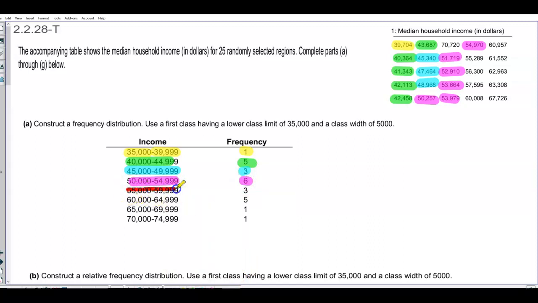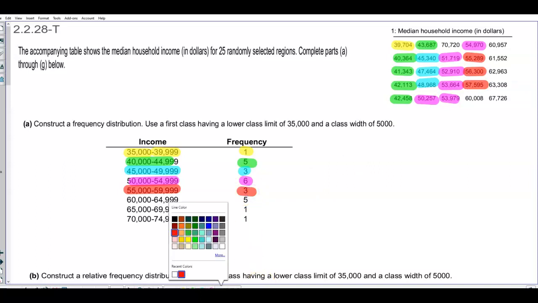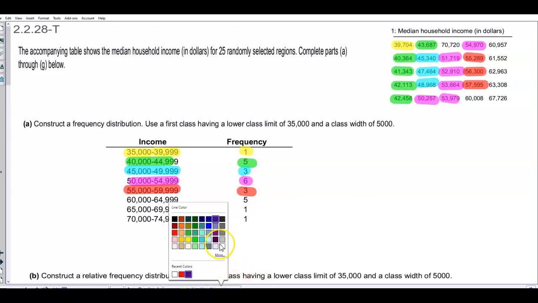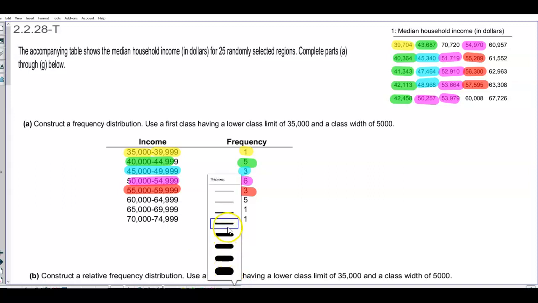Okay, then we have 55,000 to 59,999. So let's see here. We have 1, 2, and 3. And 60,000 to 64,999.